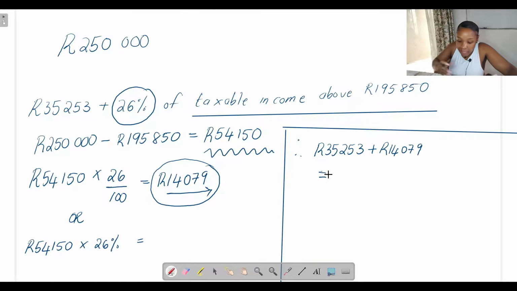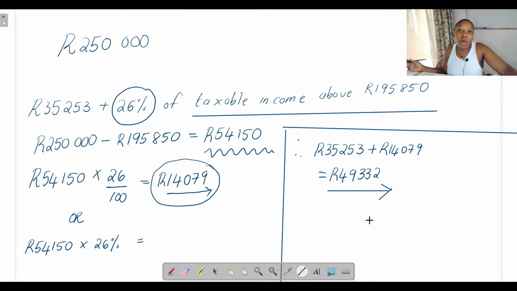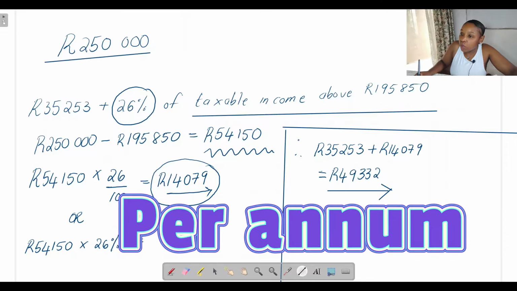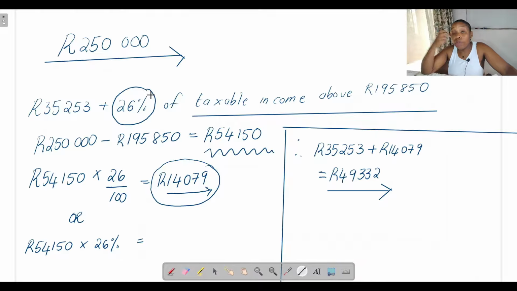So if you punch that into your calculator, 35,253 plus 14,079, you will get 49,332 rand. That is the amount of tax that you would have to pay if you were earning 250,000, or if you fell in the second tax bracket, right?